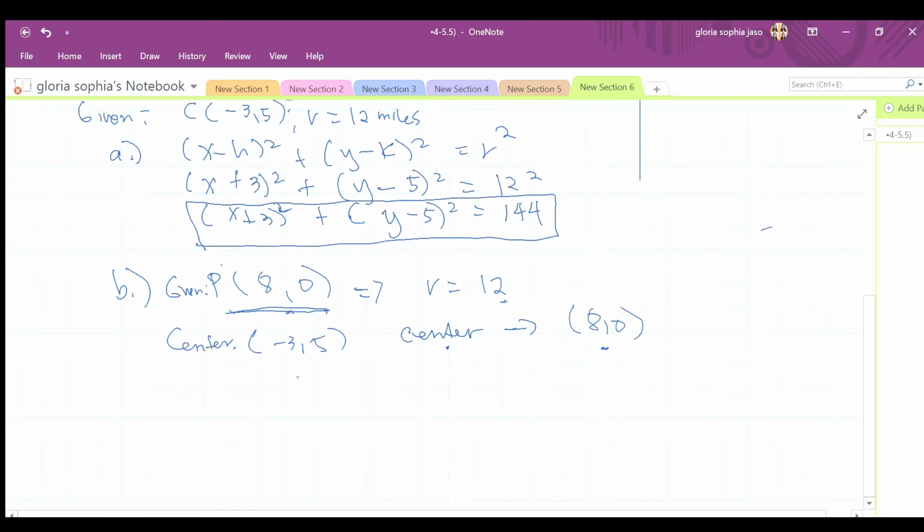Okay? So, using the distance formula, let's get the distance: square root of (x sub 2 minus x sub 1) squared plus (y sub 2 minus y sub 1) squared.